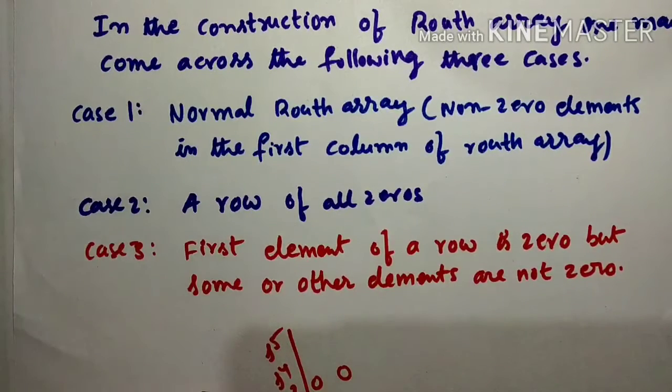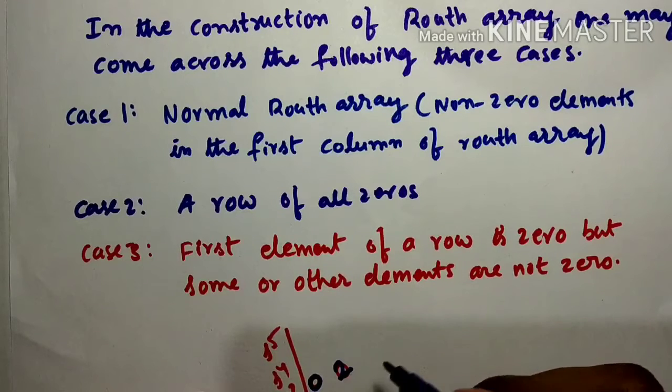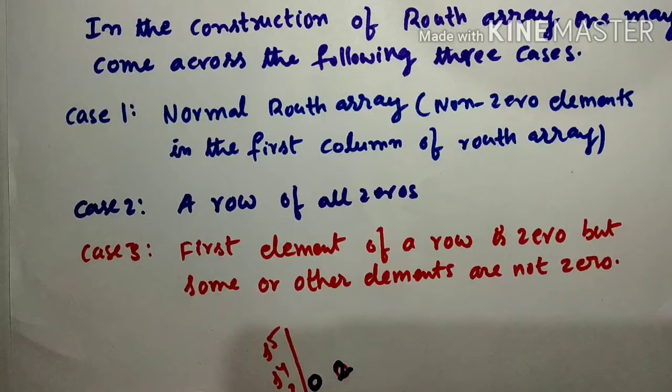Just the first element of the row becomes 0, and the other elements may not be 0. It may be 2 or whatever. It's not only s cubed; any row such as s square can also have its first element become 0. So this is the third case.